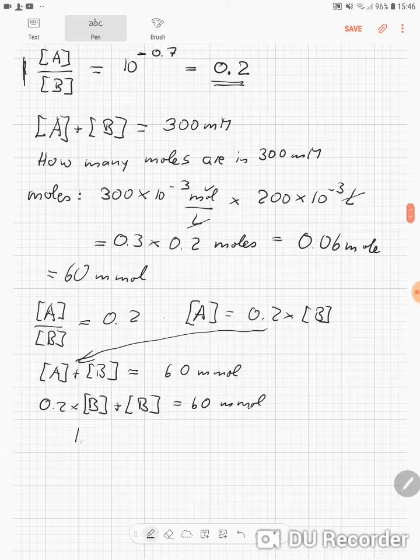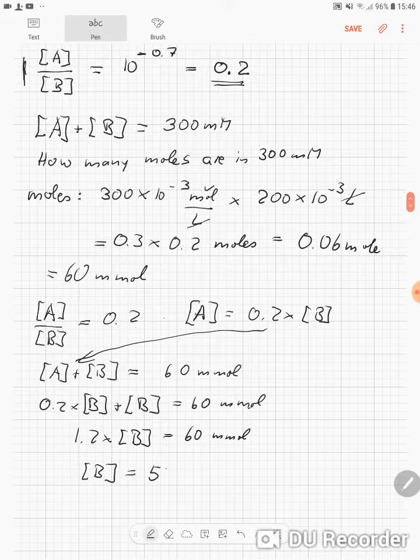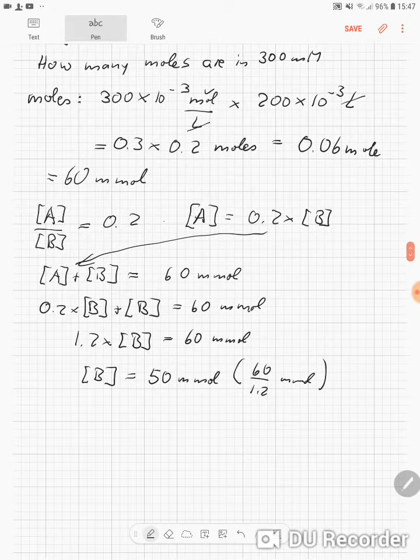That gives us 1.2 times B equals 60 millimole, and therefore B equals 50 millimole, or 60 over 1.2 millimole. Sorry, 60 divided by 1.2, it's 50 millimole.